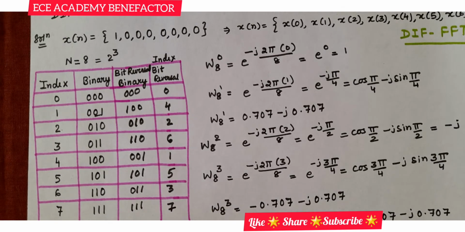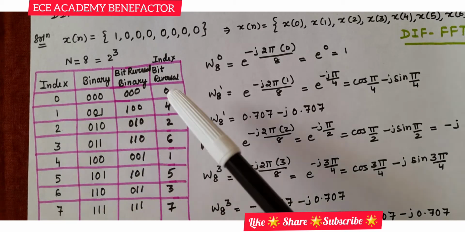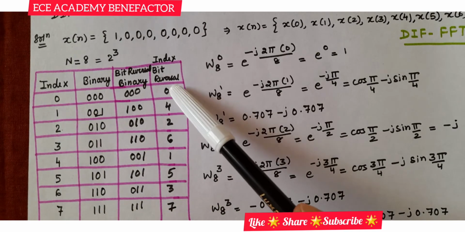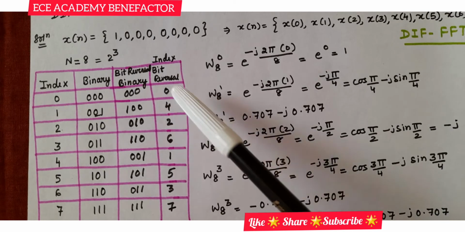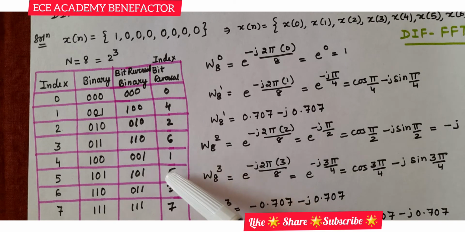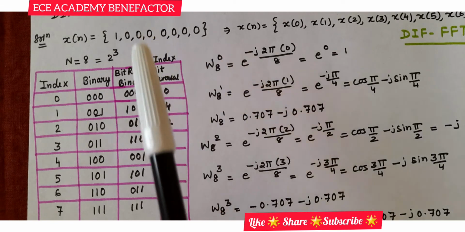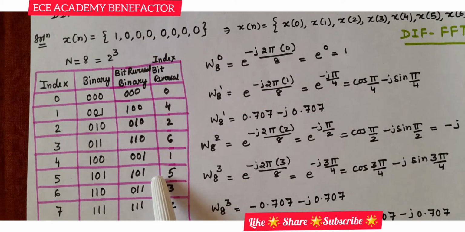So you have written 0 to 7, and their bit reversal is coming as 0, 4, 2, 6. The first 4 are even numbers and then come 1, 5, 3, 7. These are odd numbers. So the first step is to write the sequence, the second step is to write the bit reversal table.